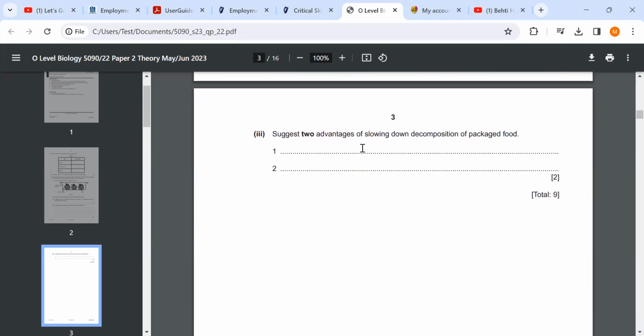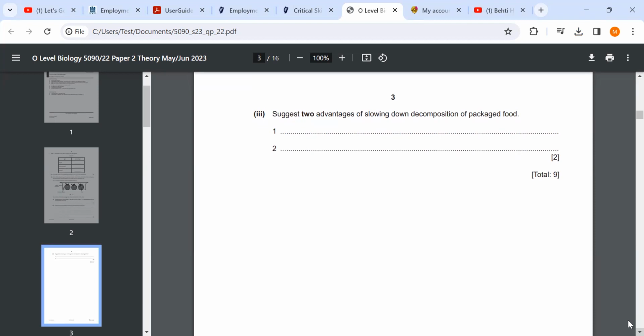Now, the two advantages of slowing down are, firstly, that we will be able to recycle the same food and it will be better for the environment. Secondly, there will be more sustainability and efficiency as the food will be able to survive for a longer time.